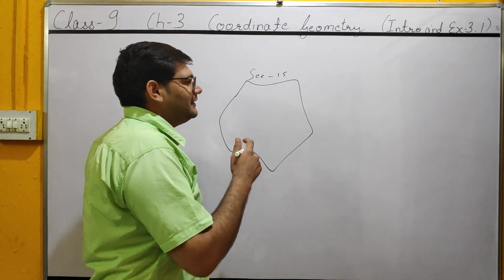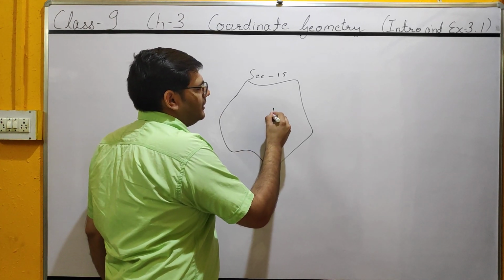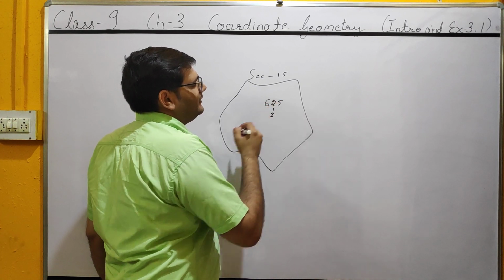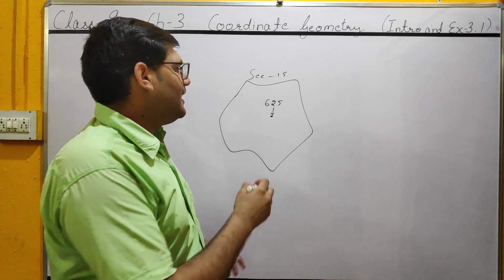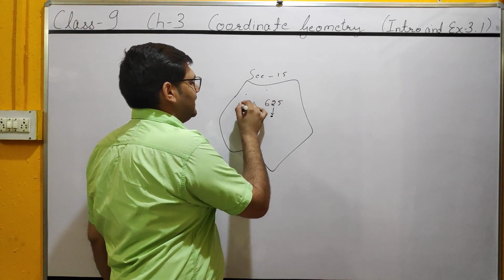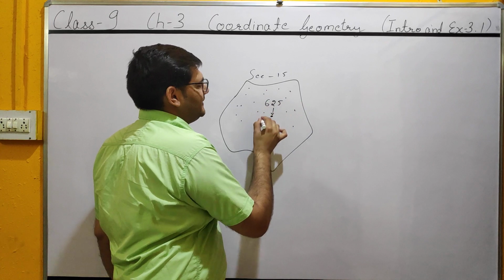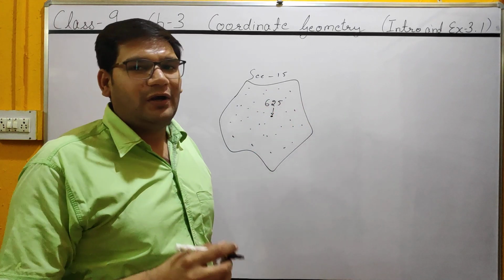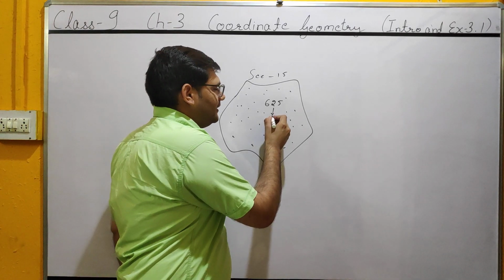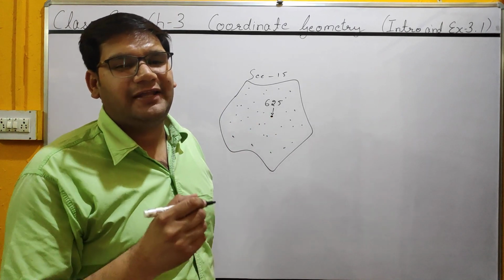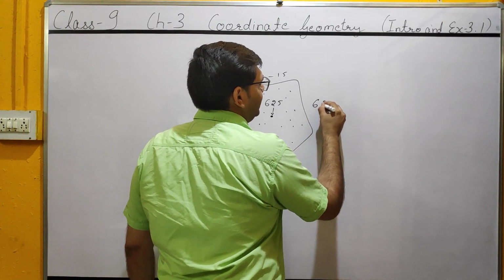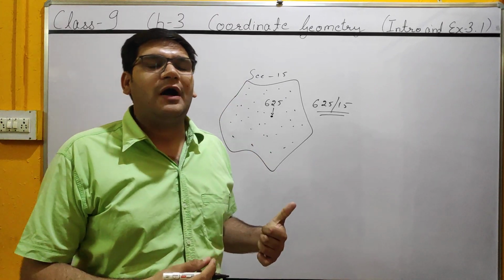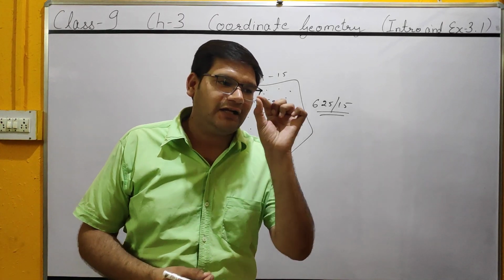He replied that my house number is 625. Okay, so there are so many houses in sector 15, so many streets, many roads. So what is the exact location? That is house number 625 of sector 15. So in this way we will come to know about the exact location of that point.